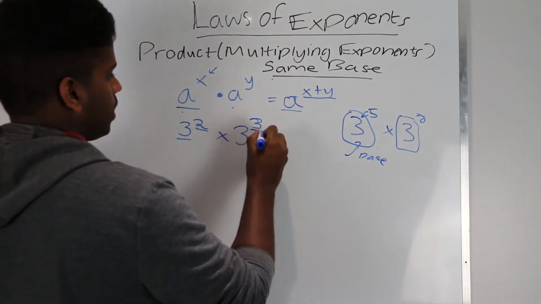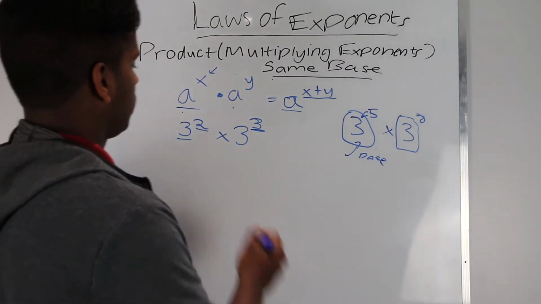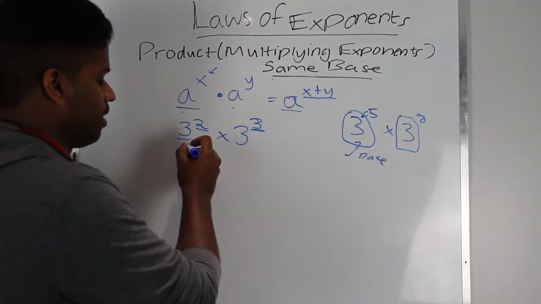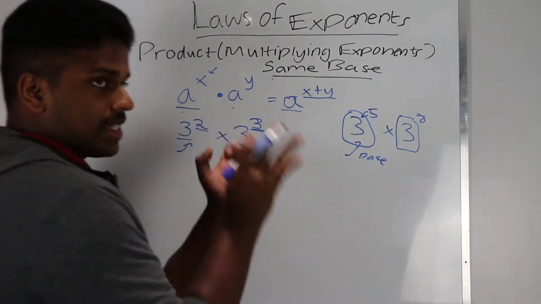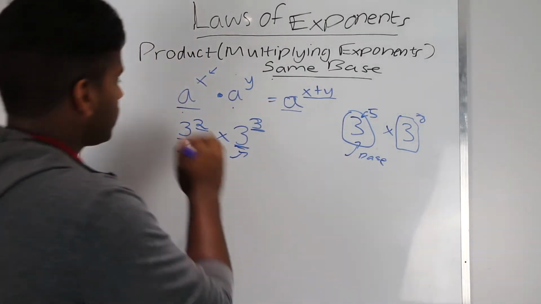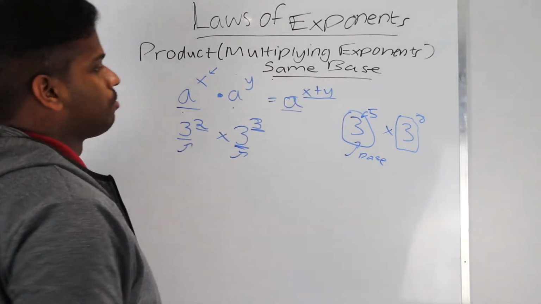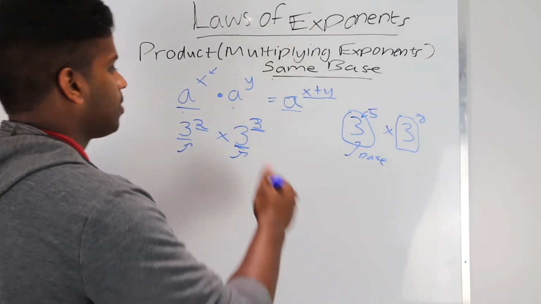So 3, and see in this example, the A value in the equation above is the same base here, in both of these cases. So when the base is the same, the rule applies. If this number was 2 and this was 3, then the rule that we have written up here won't apply. So I'll just show you how this rule works.